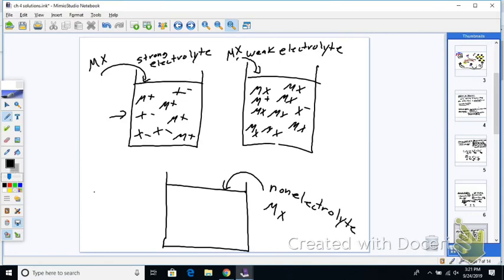So that would be a weak electrolyte. And a non-electrolyte would be all MX. There's no ions. You have to have ions present. If you don't have very many ions present, it's a weak electrolyte. If you have 0 ions present, it's a non-electrolyte.